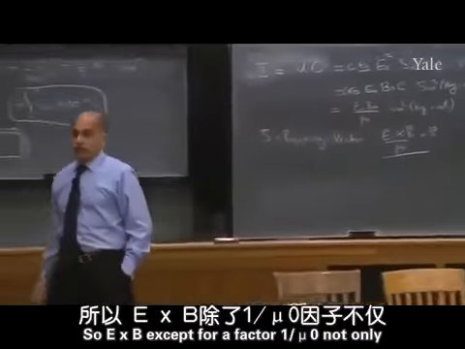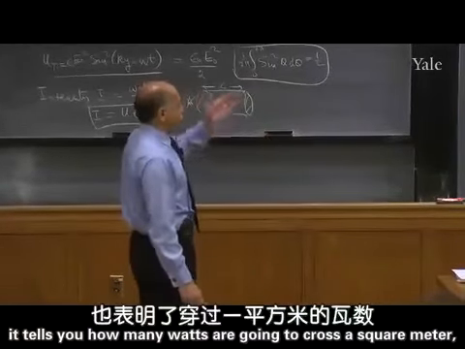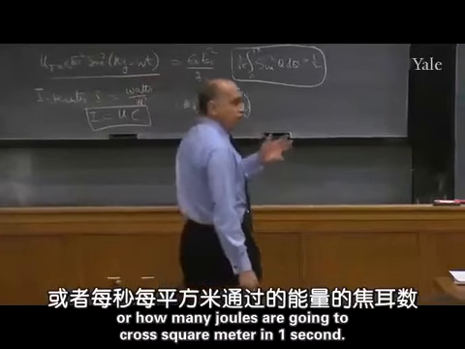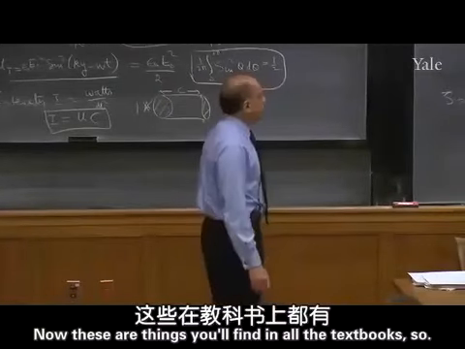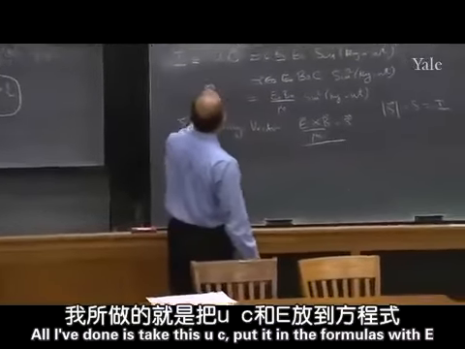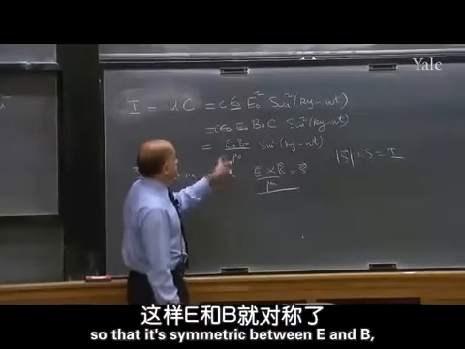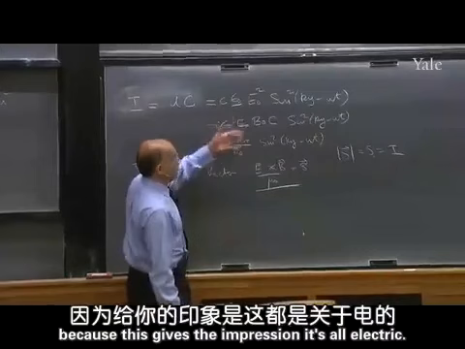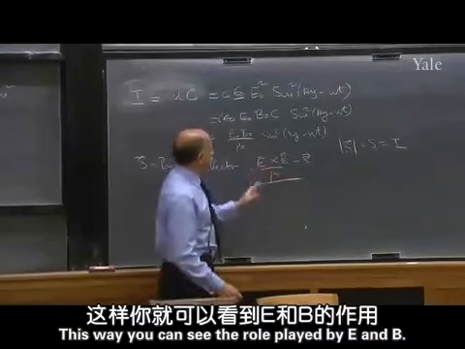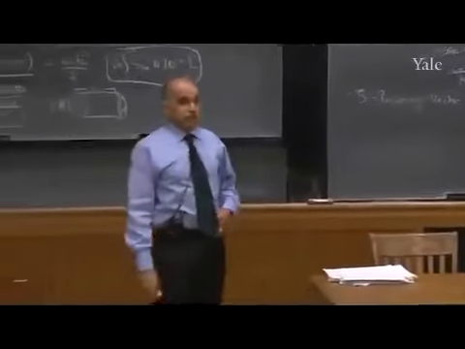So E cross B, except for a factor 1 over mu 0, not only gives the direction of the wave propagation, it tells you how many watts are going to cross a square meter, or how many joules are going to cross a square meter in 1 second. These are things you'll find in all the textbooks. So all I've done is take this u c, put in the formulas for E, and bring B back into the picture so that it's symmetric between E and B. Because this gives the impression it's all electric. Remember, it's electric and magnetic. They just happen to be equal. This way you can see the role played by E and B in this. The Poynting vector tells you the flux of energy.